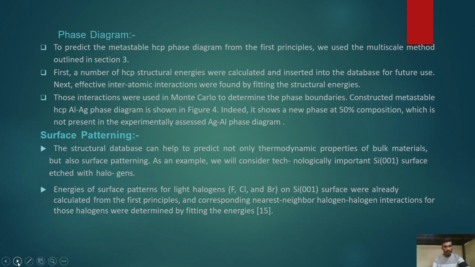Surface patterning. The structural database can help to predict not only thermodynamic properties of bulk materials. As an example, we will consider technologically important surfaces etched with halogens.